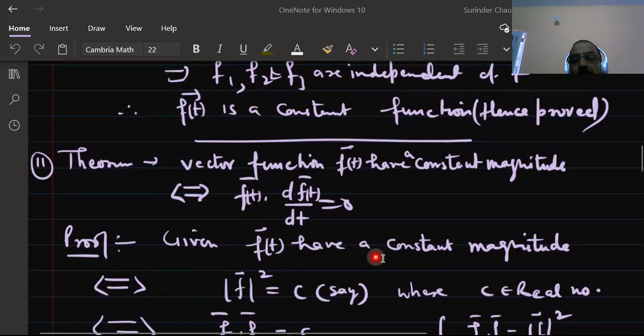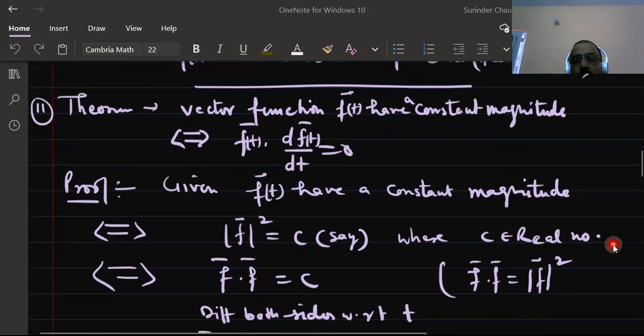Given f(t) is a vector function with constant magnitude. Constant magnitude means, by definition, that the modulus of f(t) vector is equal to a constant, say c.